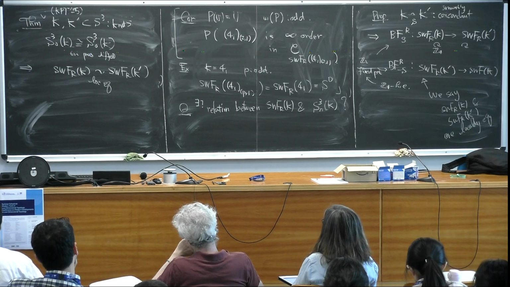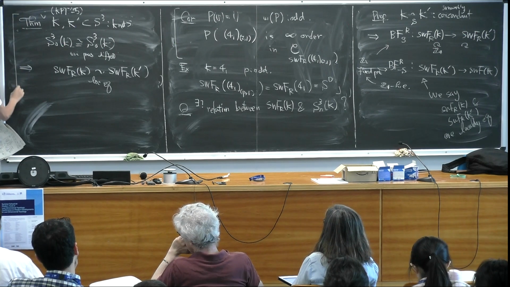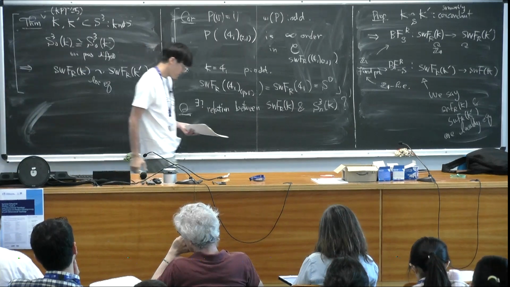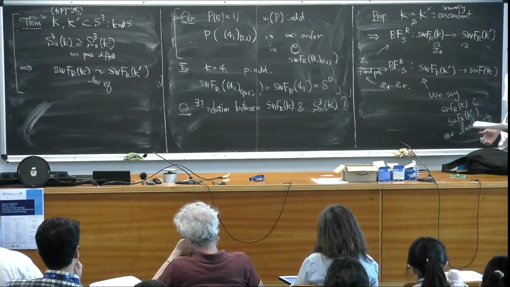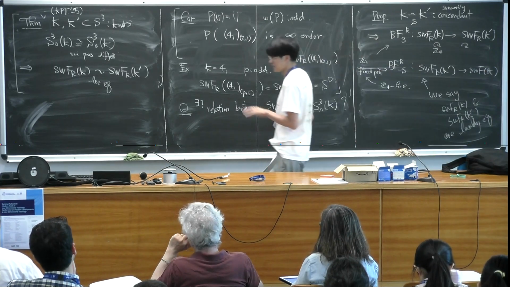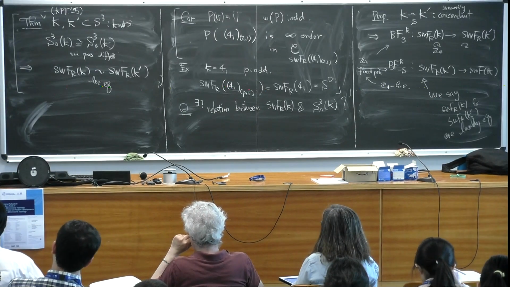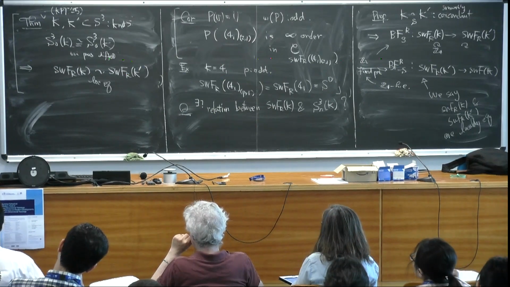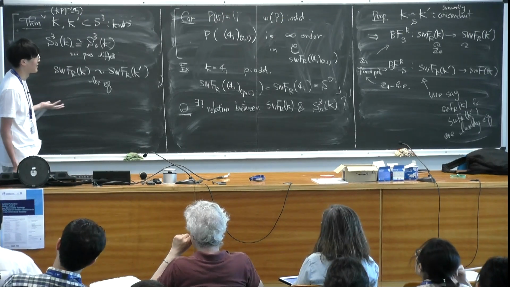So this means basically the concordance invariants derived from real Seiberg-Witten theory are completely determined by the diffeomorphism class of the zero surgery. It's also super rare, like I haven't seen it in Floer theory. For example, the tau invariant or new type invariants are known to be not zero surgery invariants.